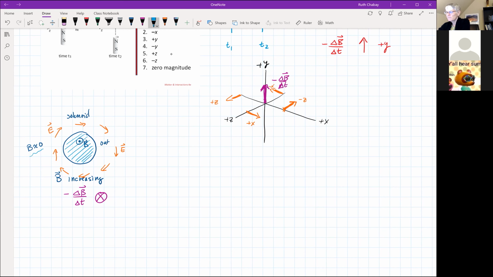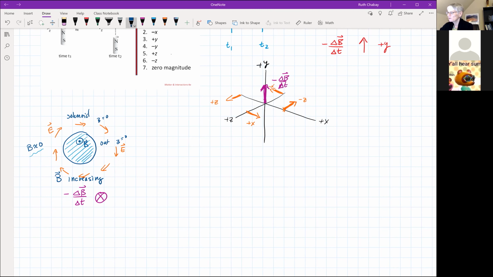And yet, because in this inner region there is a time-varying magnetic field, anywhere outside of that loop, there is a curly electric field, even though the magnetic field at the location of our observation location here is actually zero, or very close to zero. So as long as inside this region somewhere there's a time-varying magnetic field, then outside of the region, that electric field will still be there.